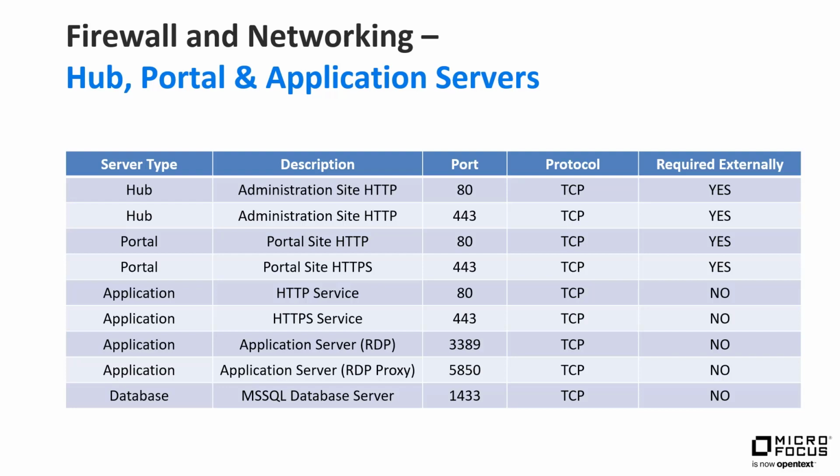For the application role, in addition to 80 and 443, depending on which protocol you have configured for your service, we also use 3389 and 5850. These are not required externally, which means that they should only be open between the system with the application role and the system with the portal role.